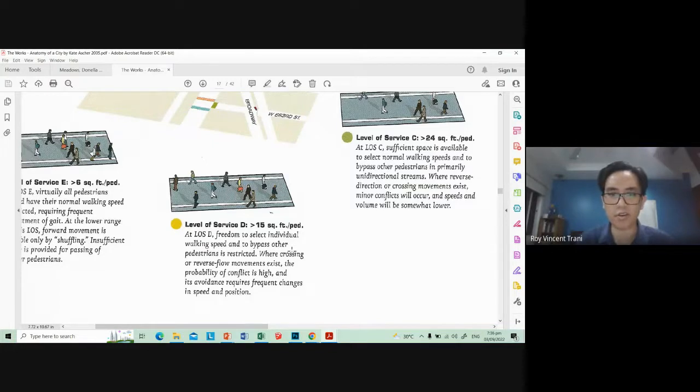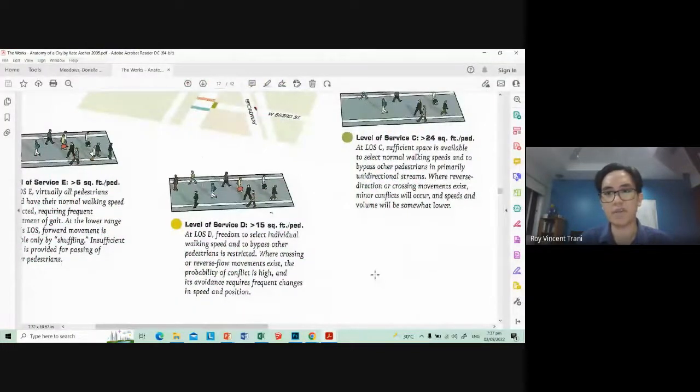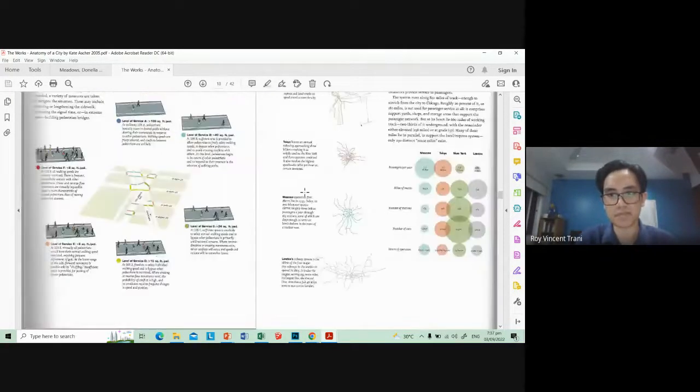Where crossing or reverse flow movements exist, the probability of conflicts is high, and its avoidance requires frequent changes in speed and position. So if you look at very crowded cities like Manila, even more crowded cities like New York, Tokyo, you see those images of a sea of people walking on a sidewalk. That's LOS D, level of service D.